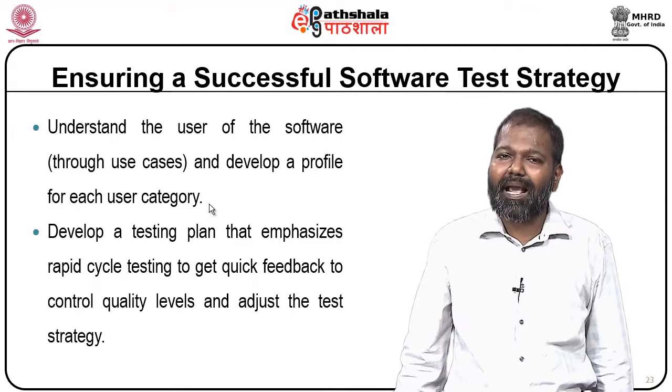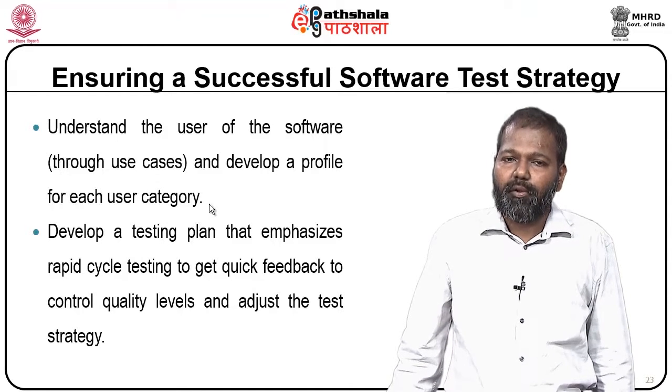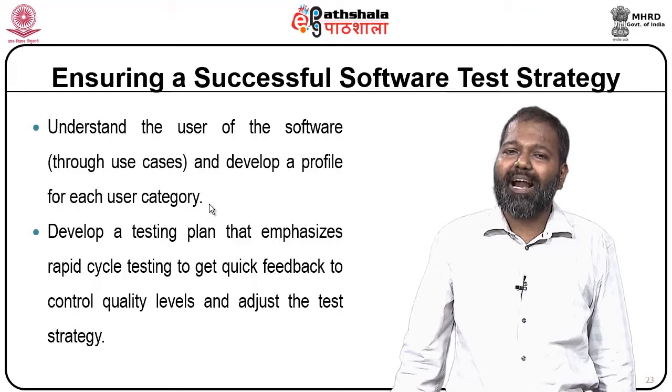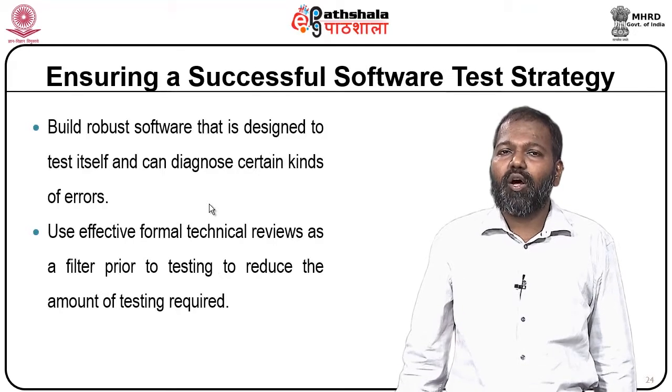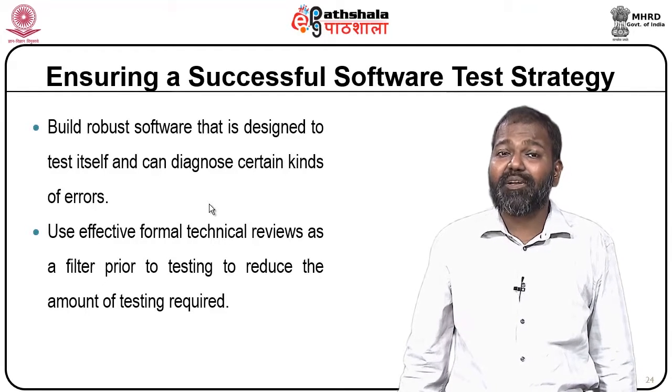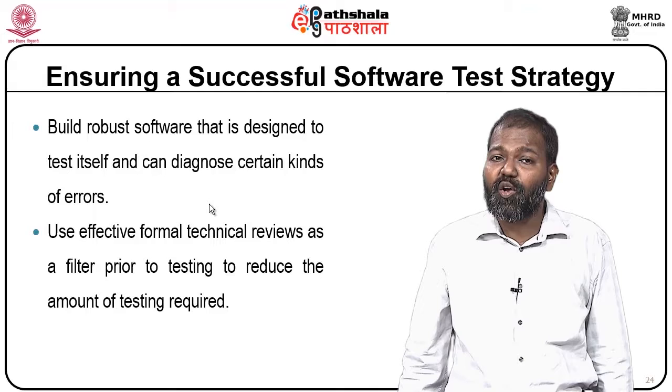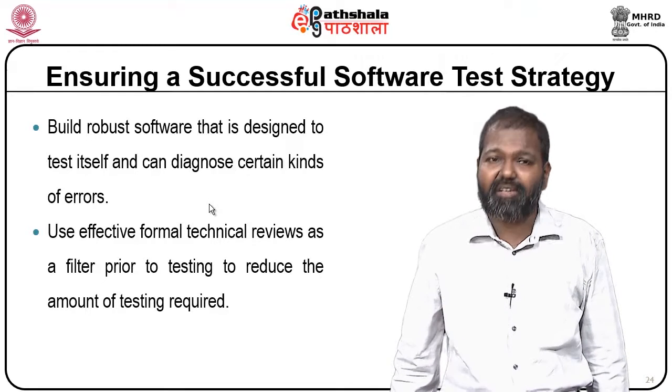Develop a testing plan that emphasizes rapid cycle testing to get quick feedback to control quality levels and adjust the test strategy. Build robust software that is designed to test itself and diagnose certain kinds of errors.